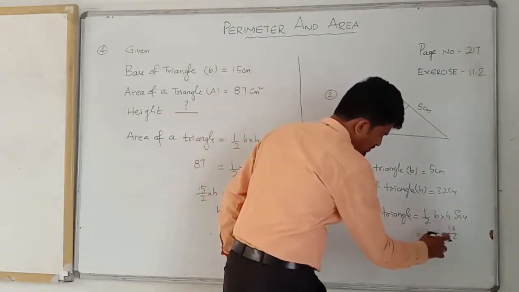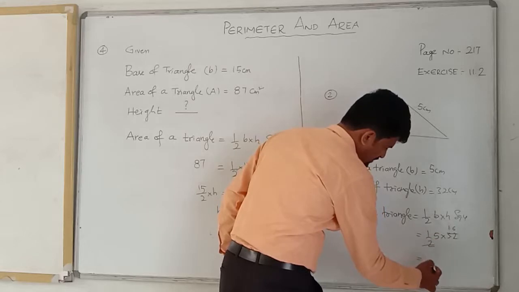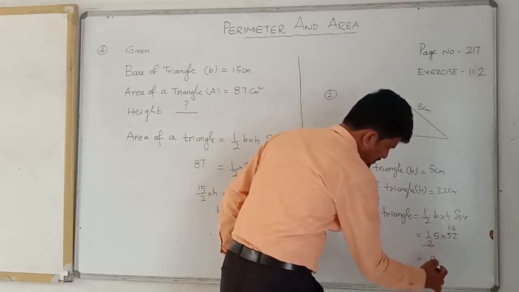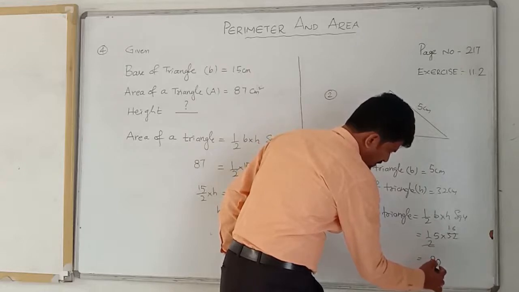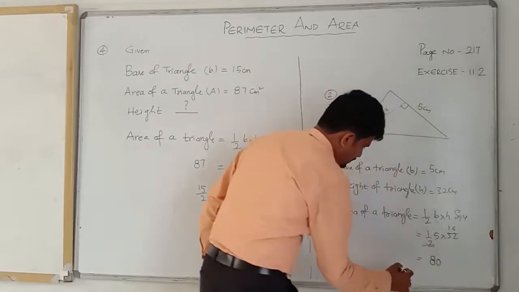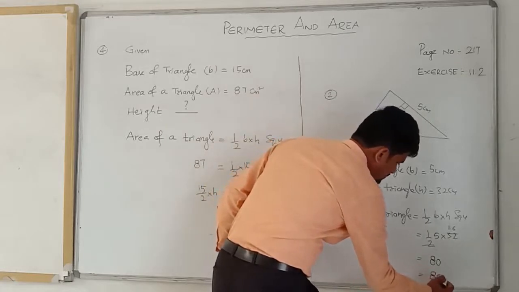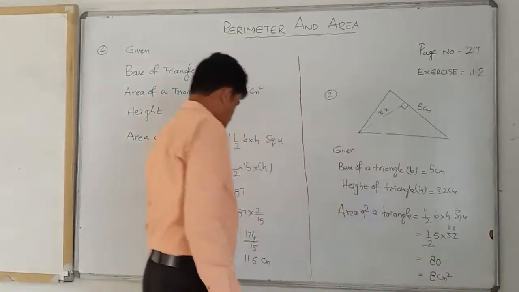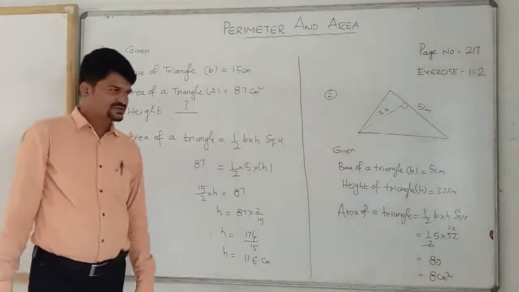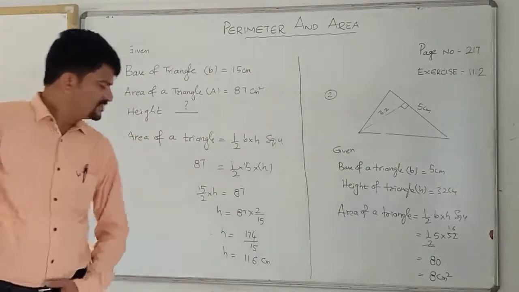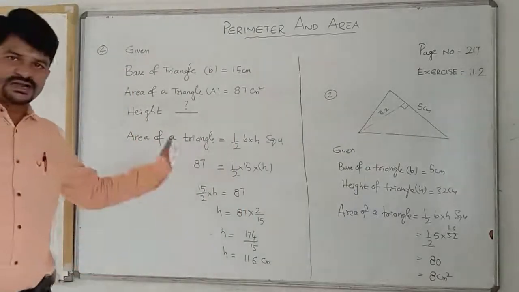Here 6 by 8, 0, right? 8 means 0. Therefore, the area of the triangle is 8 centimeters square. Okay, 8 centimeters square. Right. Shall I write this?